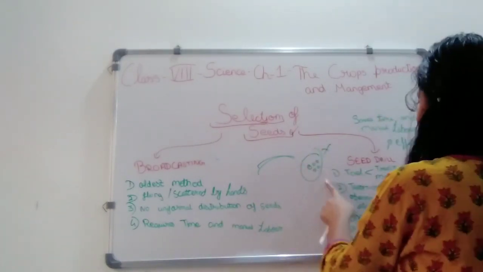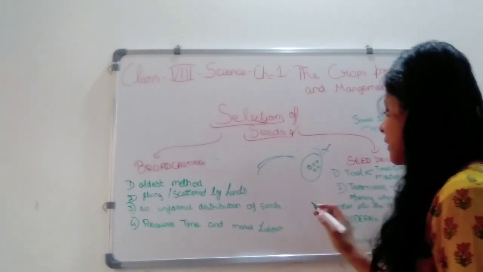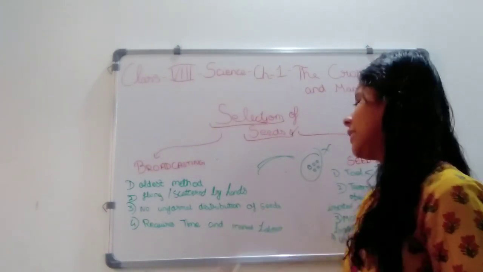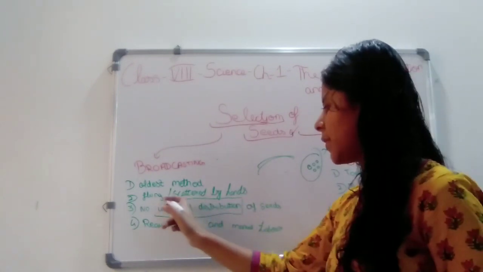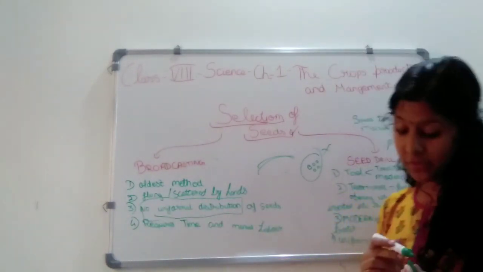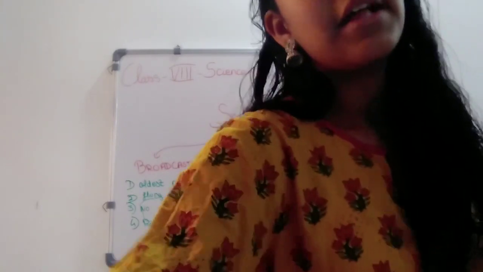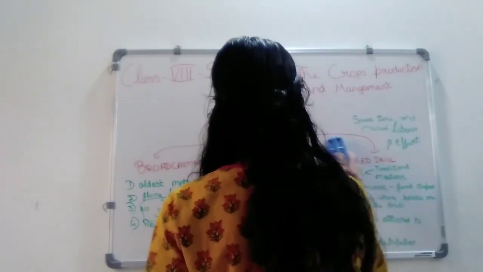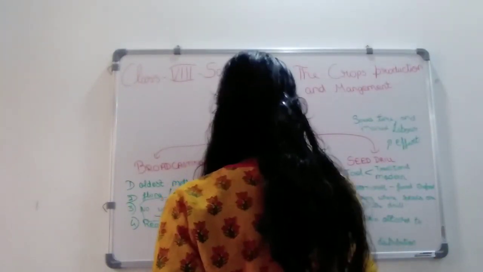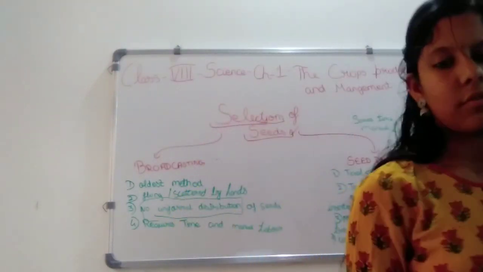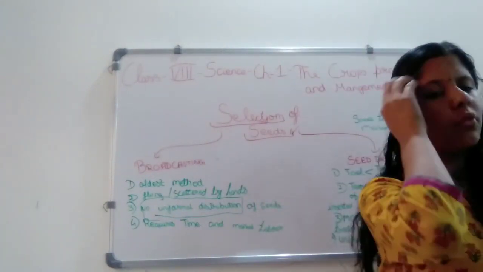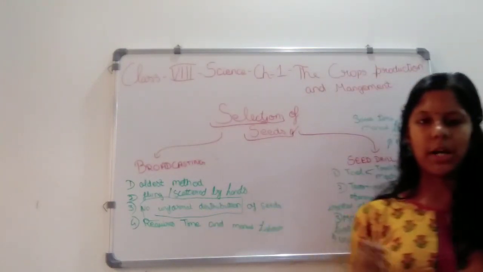So if there is no uniform distance, the crops may not grow. Cultivation नहीं होगा.